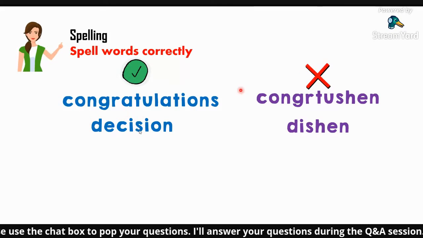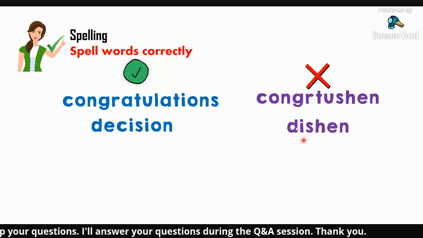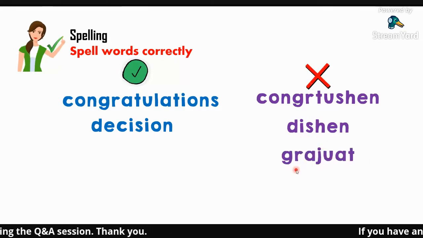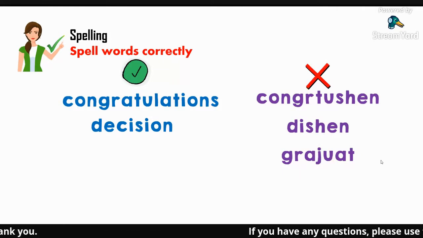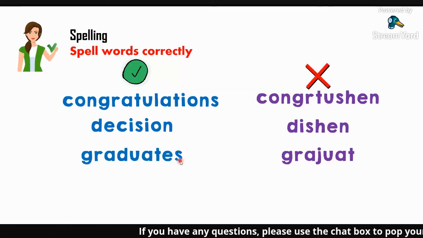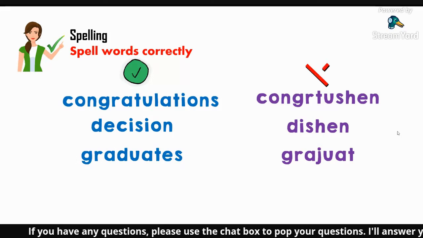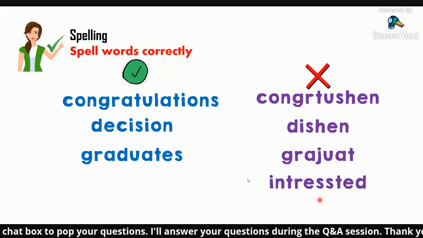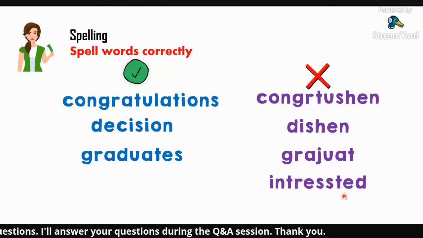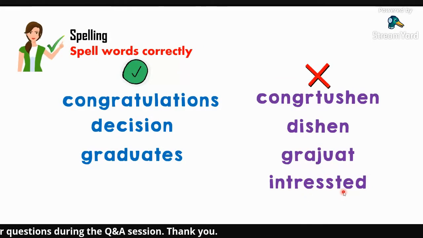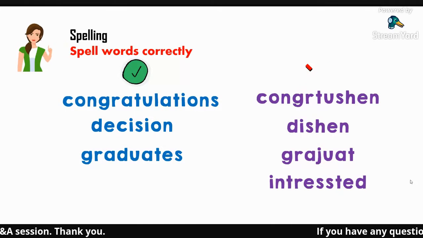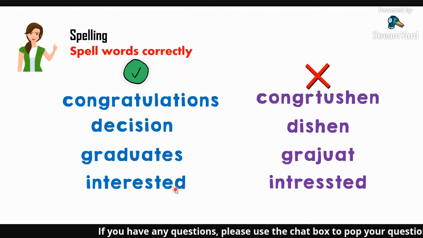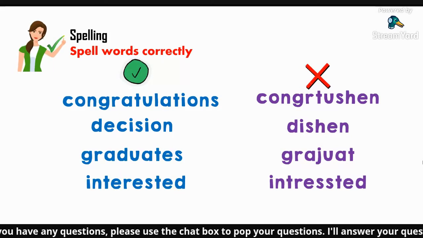So these are misspelled words. The next one will be graduates. And the next one is interested. This is also another word which is always spelled wrongly by our students. So please be very careful with the spelling of interested.